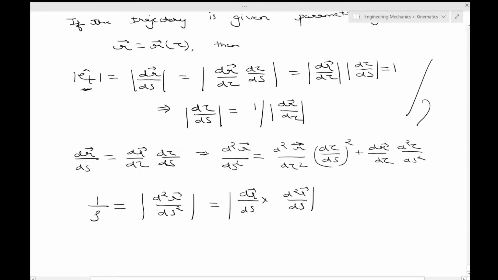Now this is written with d tau square and d tau by ds.